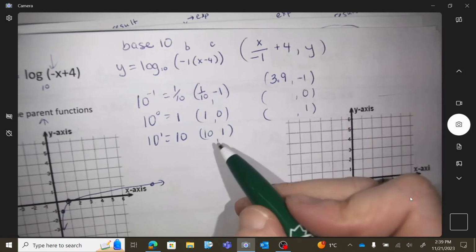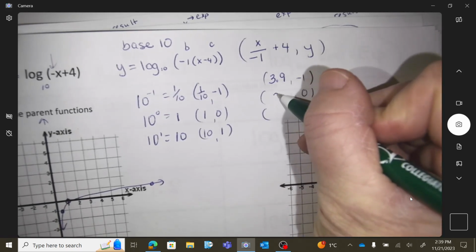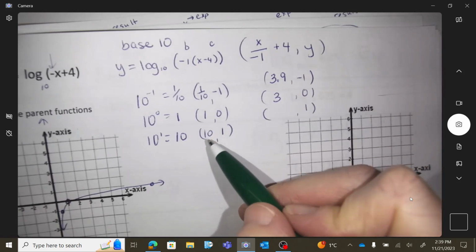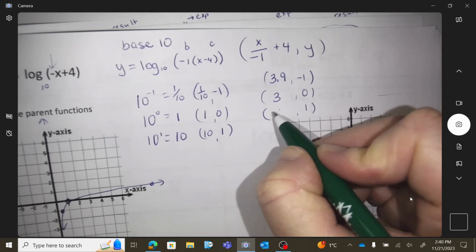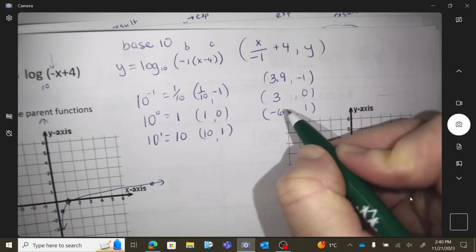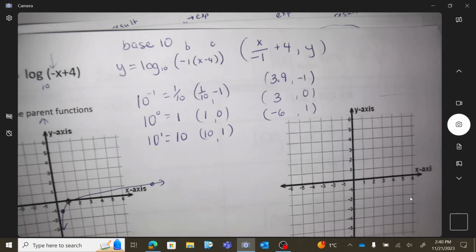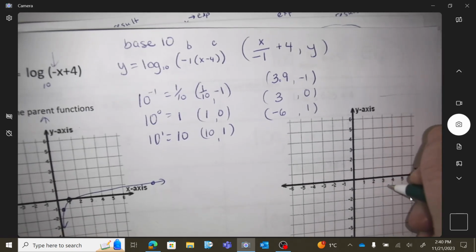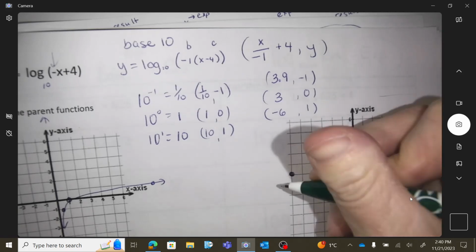Negative 1 plus 4, 3. Negative 10 plus 4. Okay, so 3.9 comma -1, 3, 0, -6, 1. Can you see a shape?